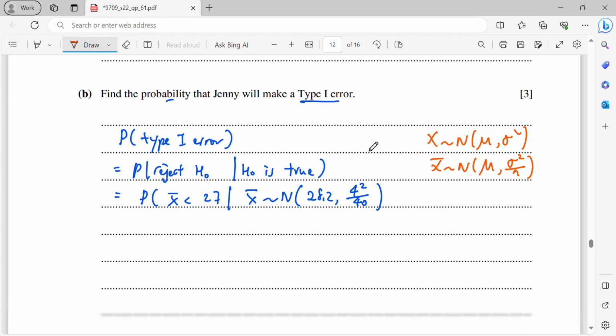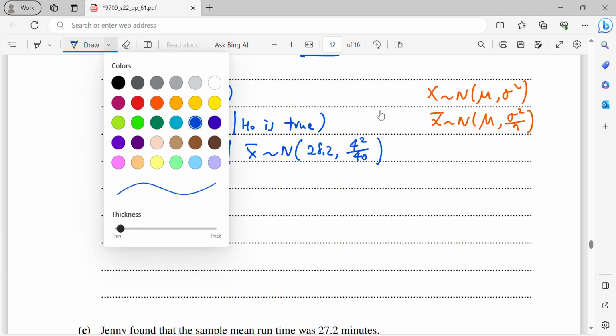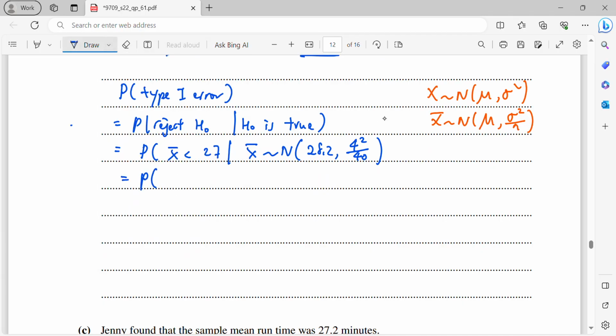That's why I divide by 40. Then you need to standardize. So it will be P(z less than (27 minus 28.2) over the square root of 4 squared divided by 40). Then you will get P(z less than negative 1.897).